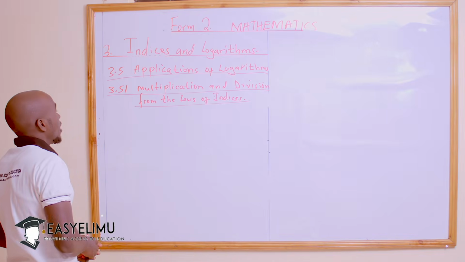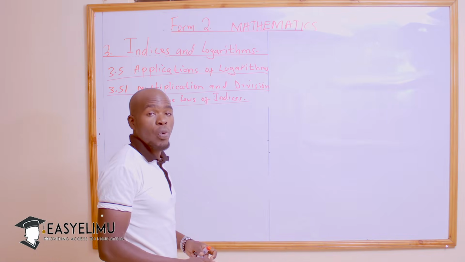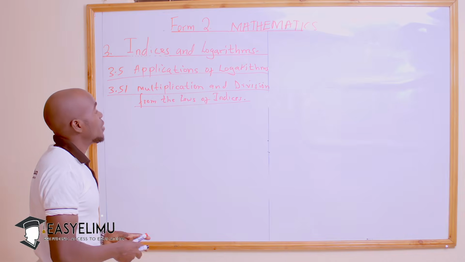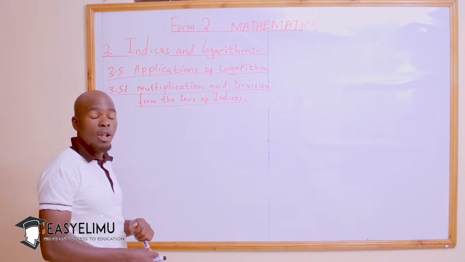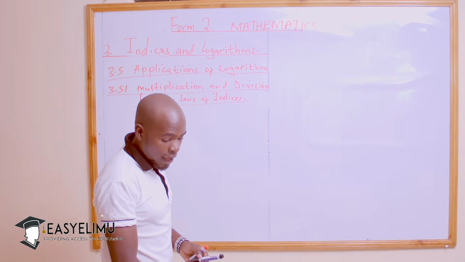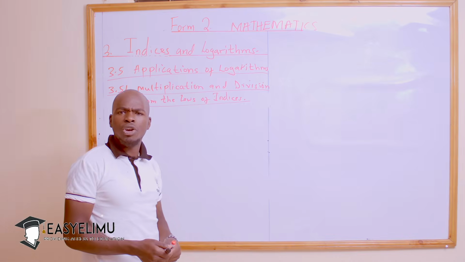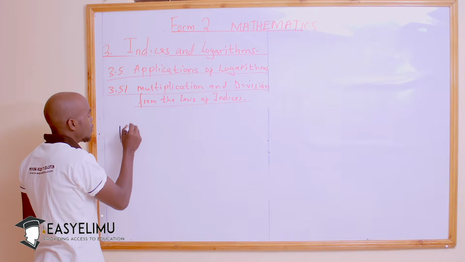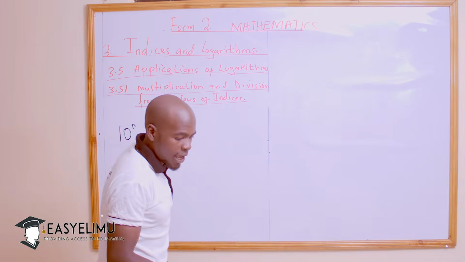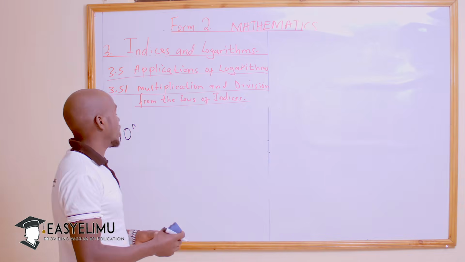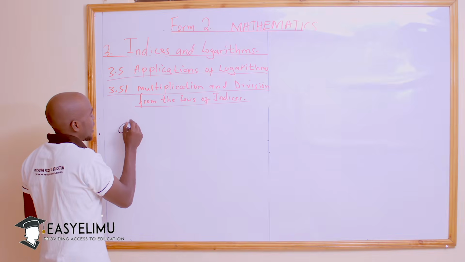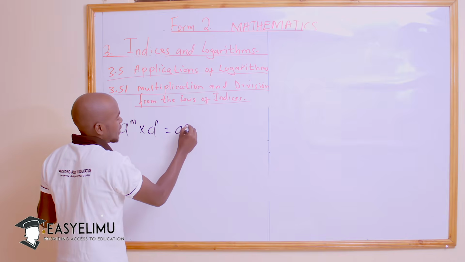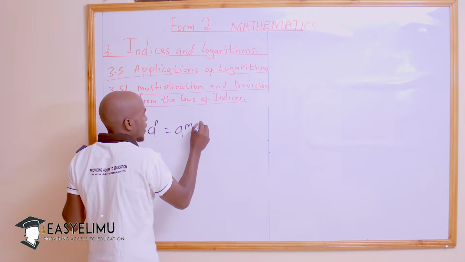Now let's see how we can find applications of logarithms, where we can apply them, and then we shall do multiplication and division from the laws of indices. There we can recall what we had learned in the laws of indices. We said that if you have, for example, a raised to m multiplied by a raised to n, it is the same as a raised to m plus n.